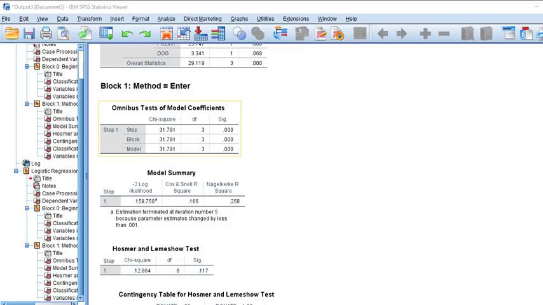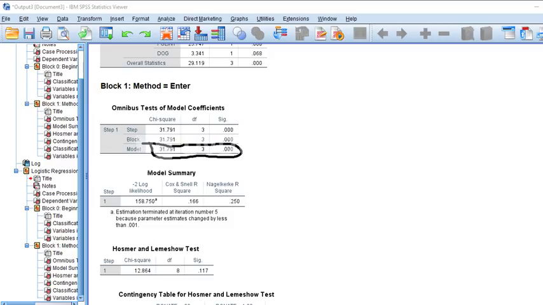You'll notice, first of all, that you have a table where it's got step, block, and model. Because we've simultaneously entered all of our predictors, all of these chi-square values and significance are going to be exactly the same at each step. So you probably just want to look at the model chi-square.